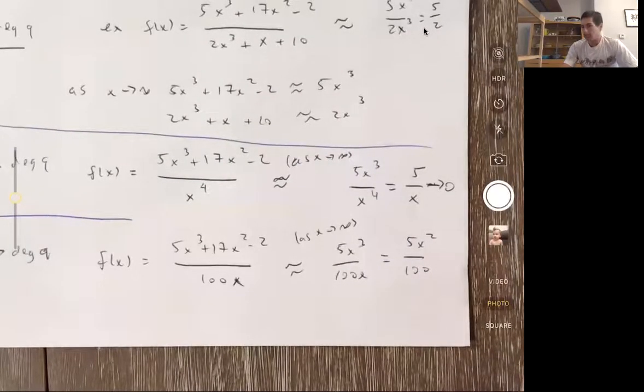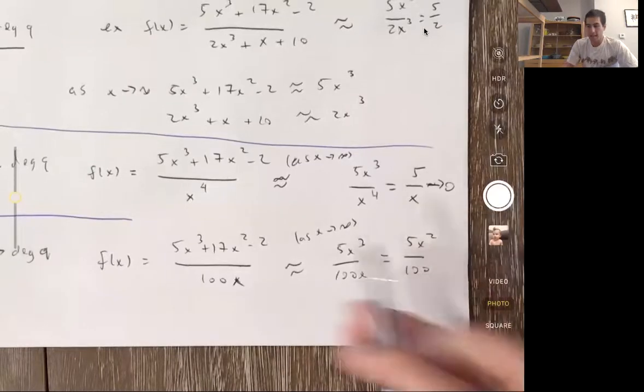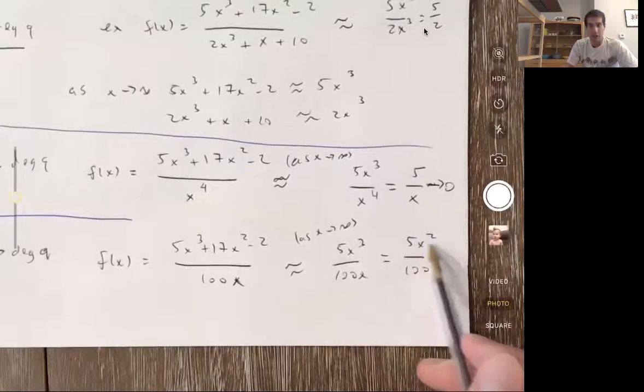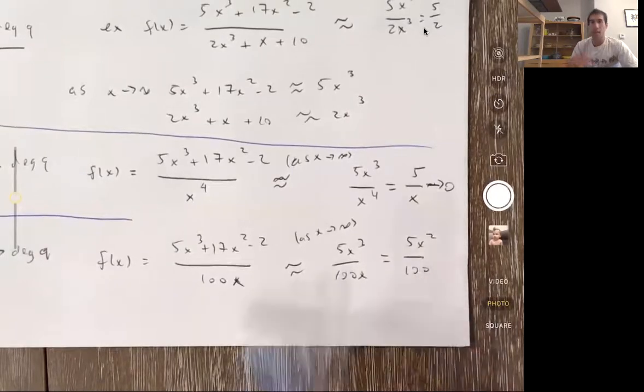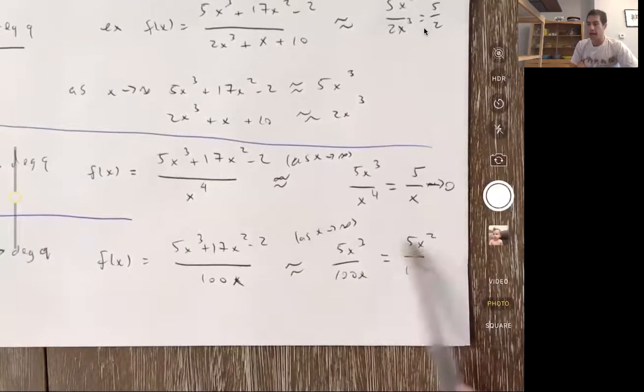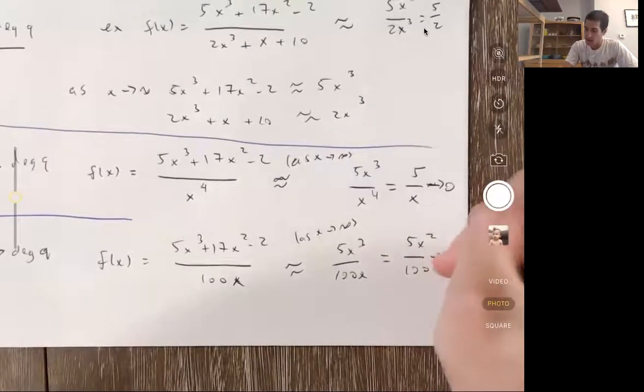And so now in this situation, I'm dividing something that's getting extremely large, 5x squared, by something finite. You should think of this as dividing by a really small number, right? So if I'm taking something going to infinity and dividing it by something finite, this is also going to get extremely large.